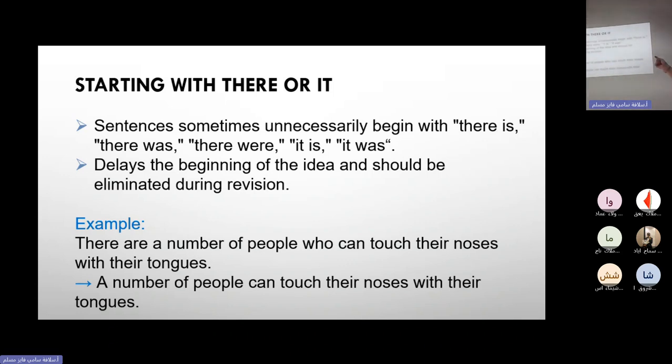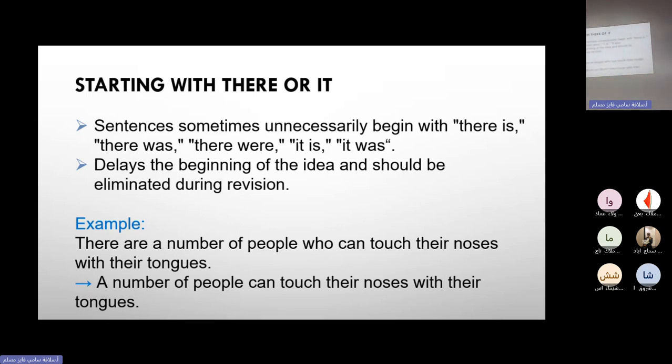It delays the beginning of the idea and should be eliminated. As editors, you must notice whether their use clarifies the meaning or not. If not, you need to take them out.